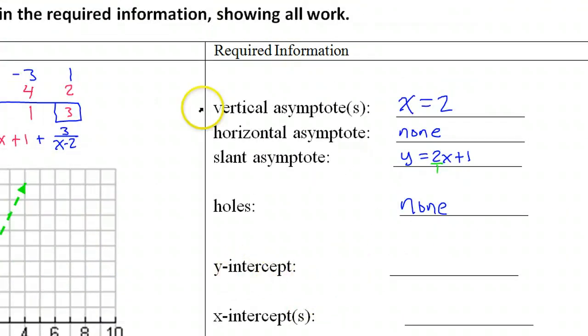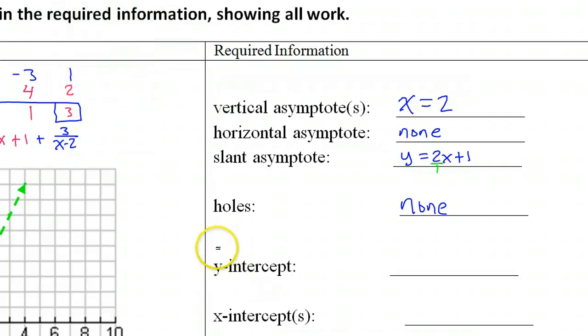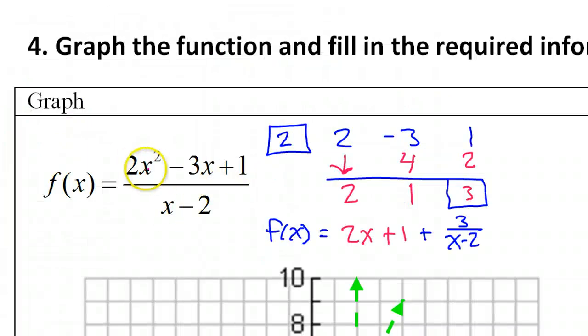Alright, we need the y-intercept. Well, guys, if we want the y-intercept, we let x equal 0. Now, if I let x equal 0, that's going to wipe out all three of these terms.